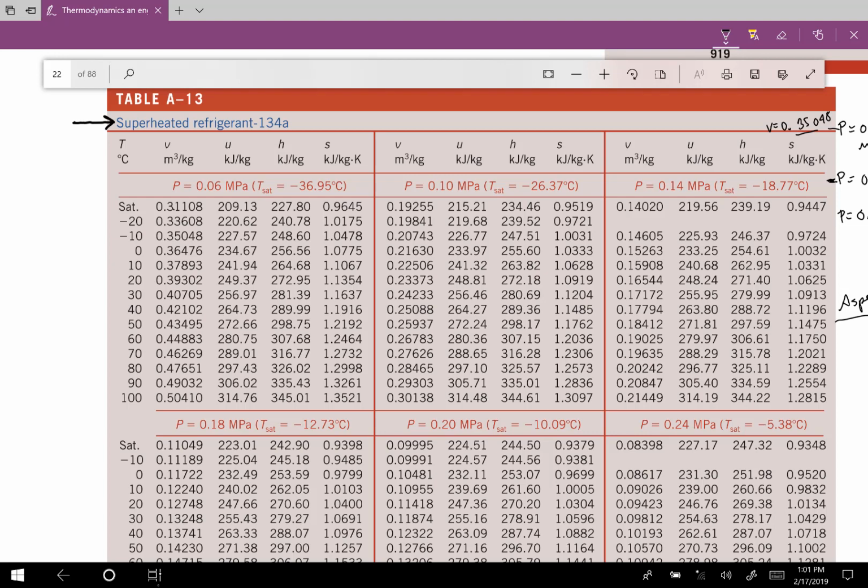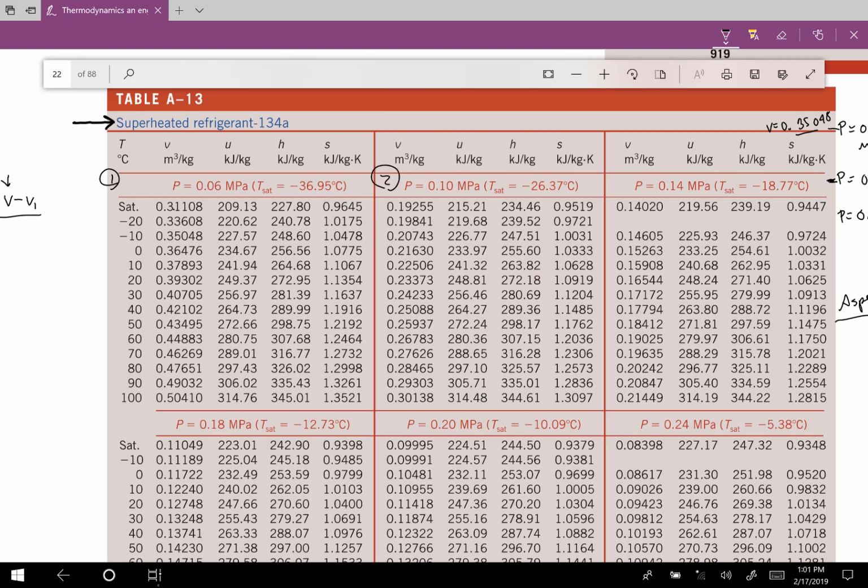So in order to do that, we can say that V minus, so specific volume, this is the specific volume that we want, minus the first specific volume. So I'm just going to say this table is 1 and this one's 2.